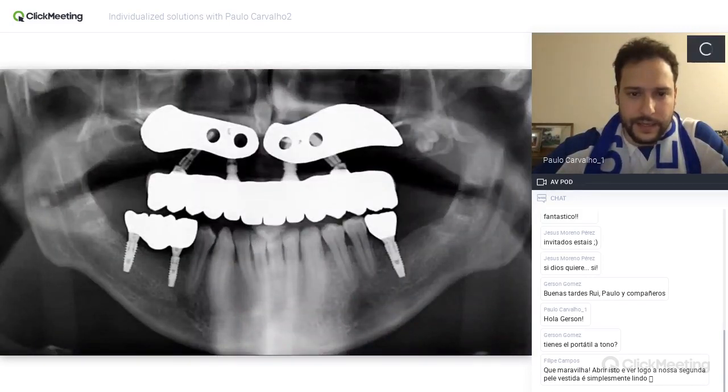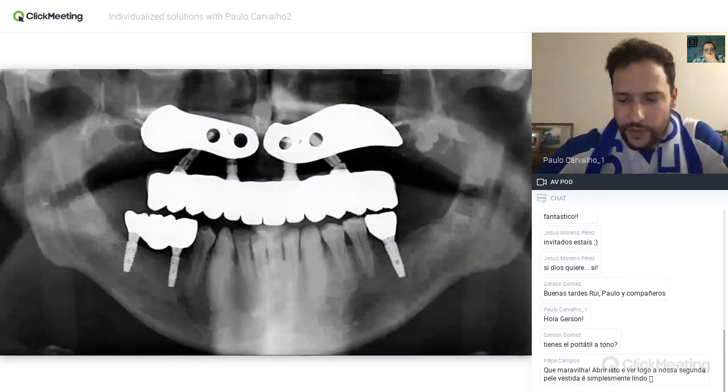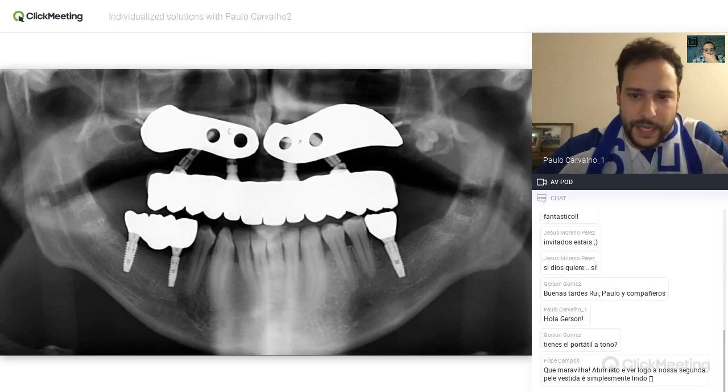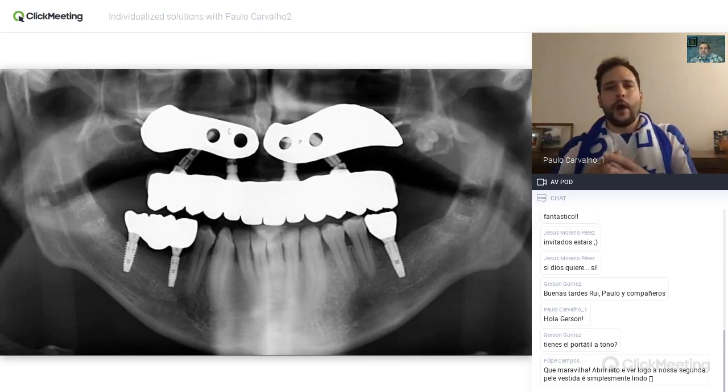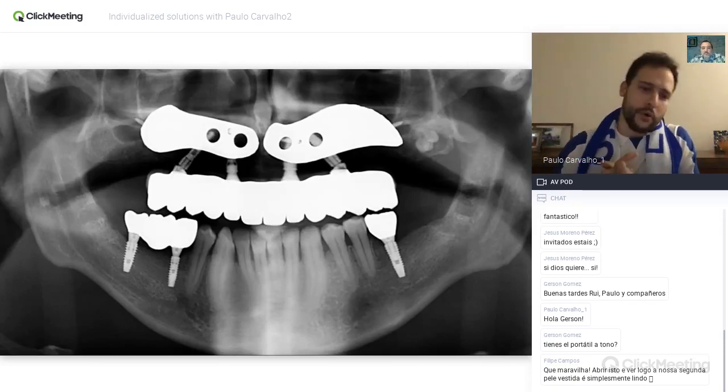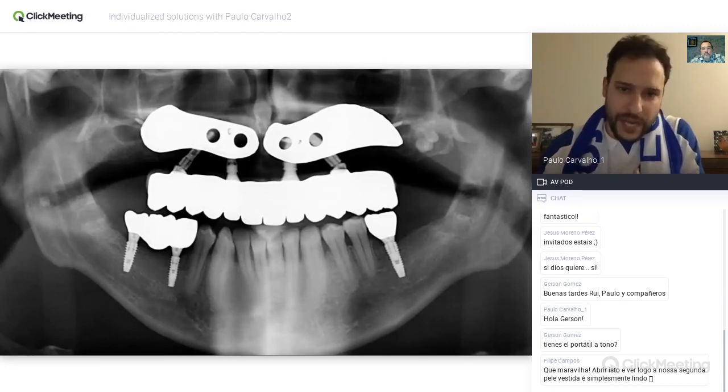And this is the final OPG after the definitive restoration of the upper arch and also the rehabilitation of the lower arch.